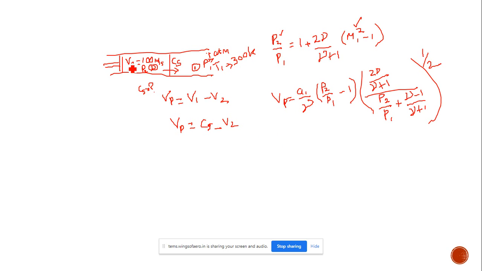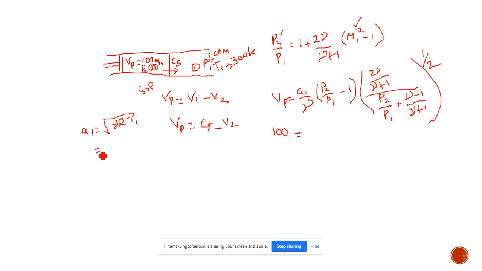In this problem they have given the value of Vp as 100, so we can write 100 here. We know the value of gamma, but we don't know the value of A1. However, they have given the temperature T1 equal to 300 Kelvin. So A1 equal to square root of gamma R T1.